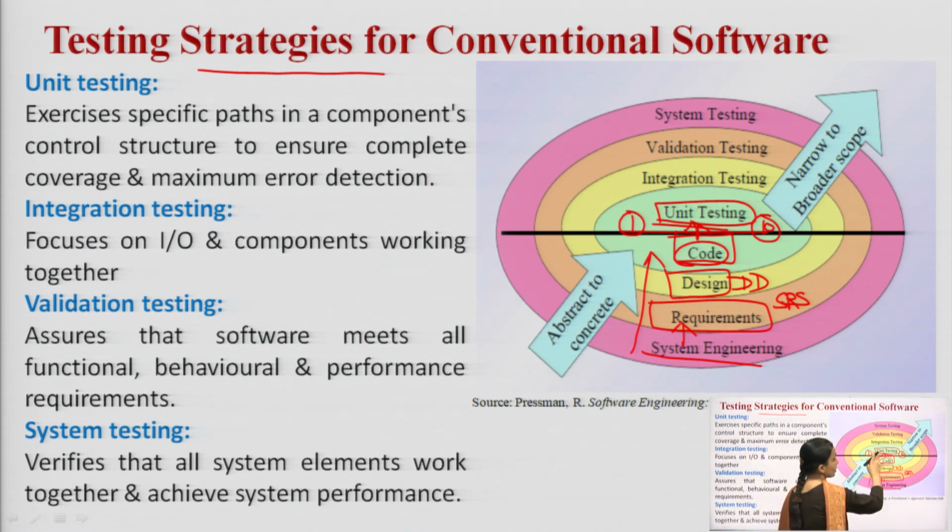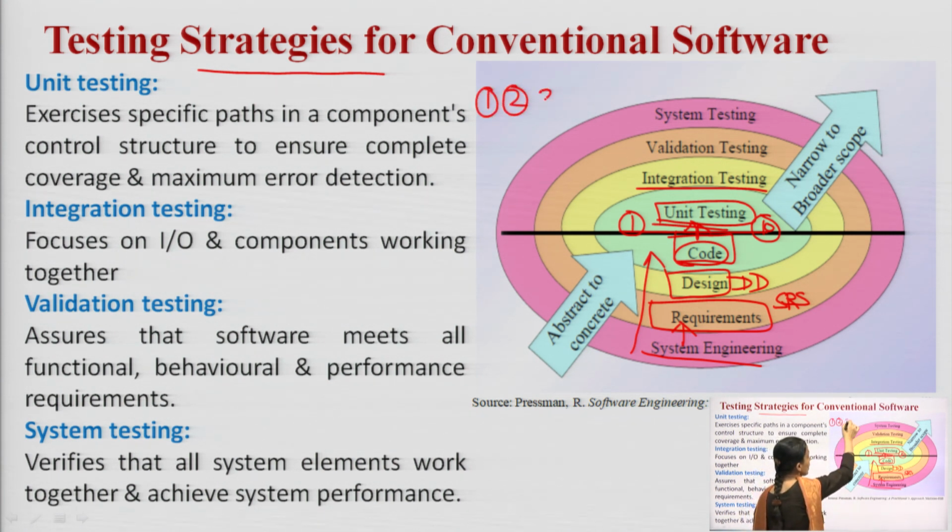After doing unit testing for the 10 modules that I have written, my next target is to do the integration of these 10. Suppose modules 1, 2, 3 are called together in the main function, and after some time modules 7, 8, 9, 10 are called in the main function.